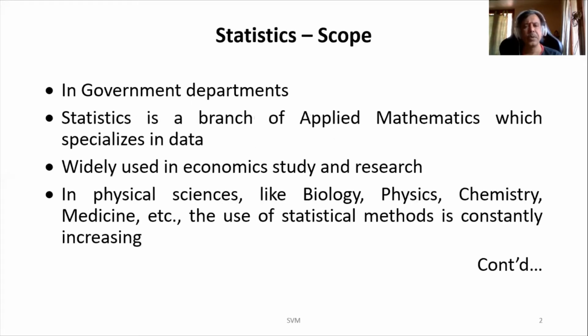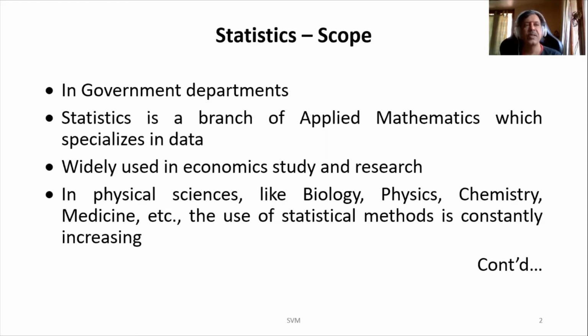Then comes the scope. So what are the boundaries of usage of statistics? It is being used in government departments. Of course, the central government of India is doing the census, which is purely data collection. Purely it is statistics only. It is a branch of applied mathematics which specializes in data.